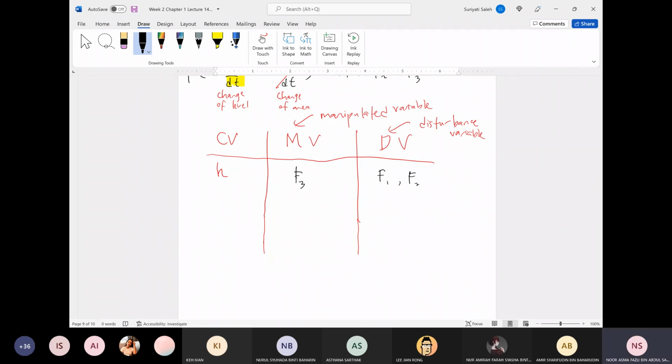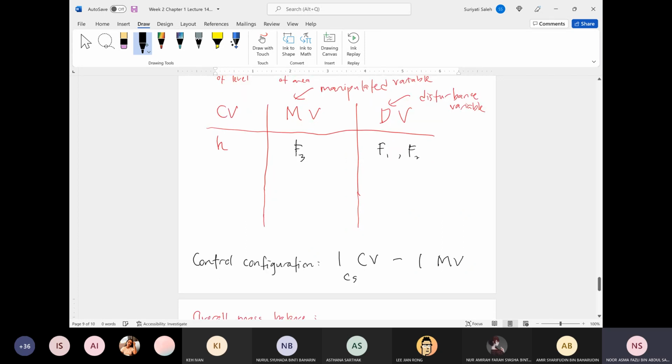Based on this table, H is your CV, MV is your F3, and the disturbances will be F1 and F2. Normally, for the control loop or control configuration, if we have one CV, it must be paired with one MV. One control variable must be paired with one manipulated variable. That is the rule. That is why we call it a single loop. One CV, one MV. But we can have more than one DV.